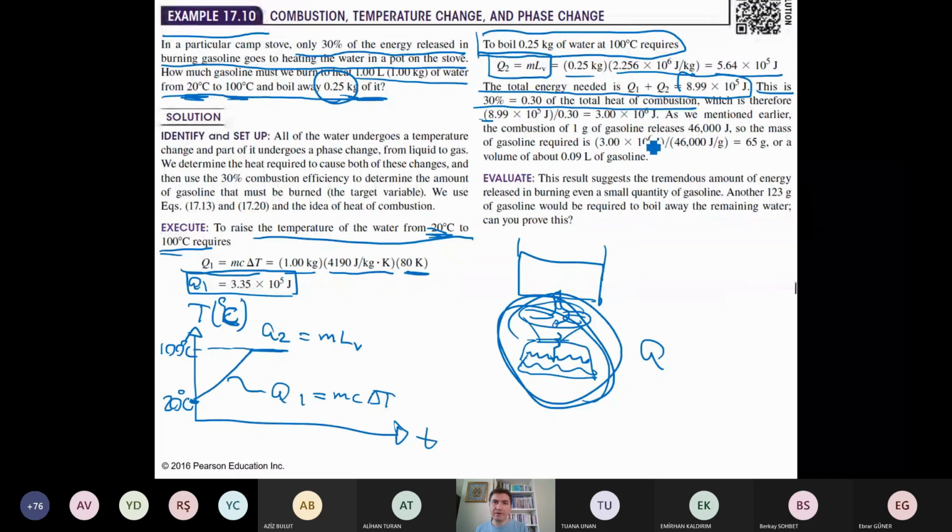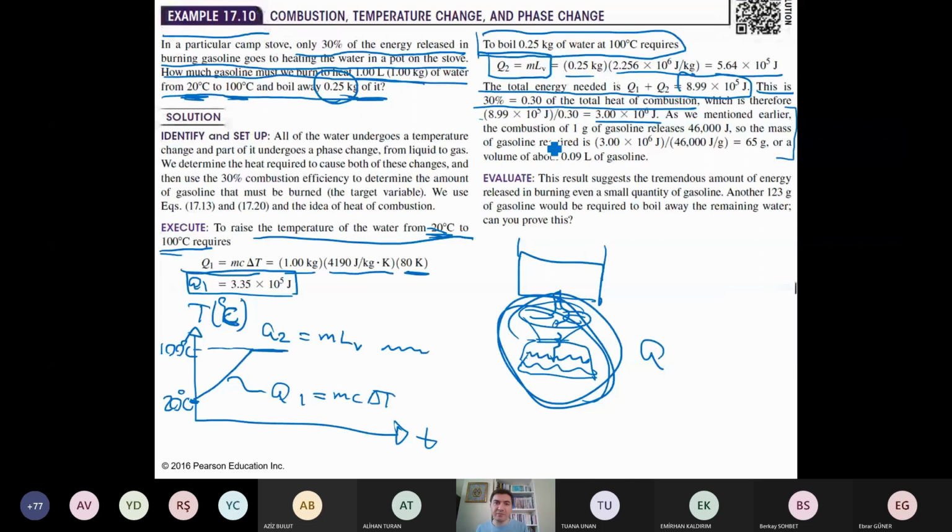So the total energy needed is Q1 plus Q2, in order to have this condition of water here, and this is 30% of the total heat of combustion. Then you can calculate the gasoline you need to burn to heat 1 liter of water from 20 degrees Celsius to 100 degrees Celsius.